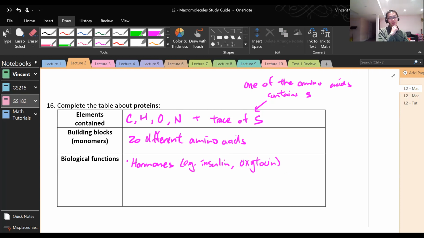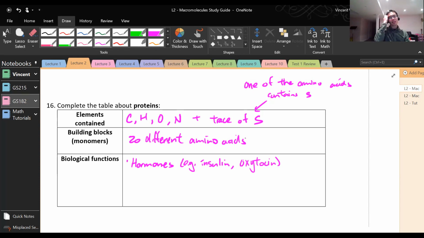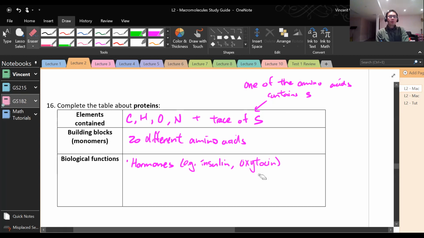It causes the milk to be released, to come out, and it also causes uterine contraction when you are giving birth. So that is a protein hormone.